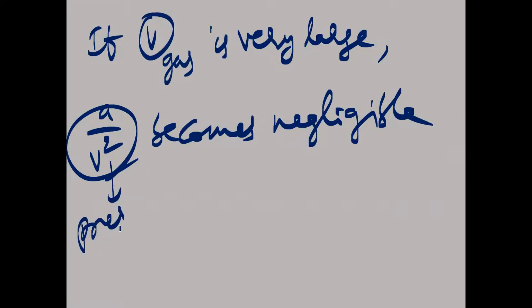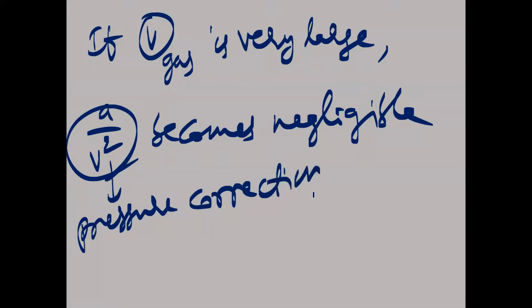Pressure correction. It is a ratio of A to V square. Now V is very large, in the denominator, so this ratio value will be very less.